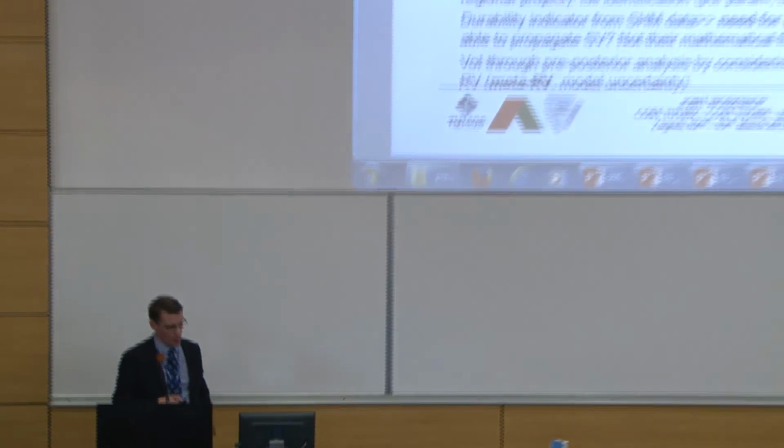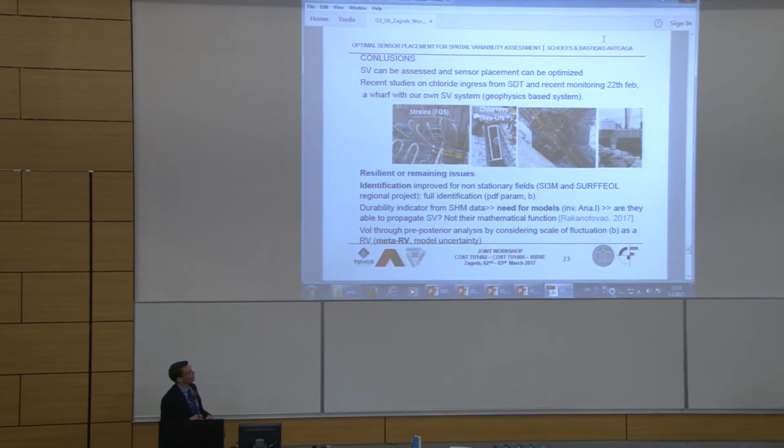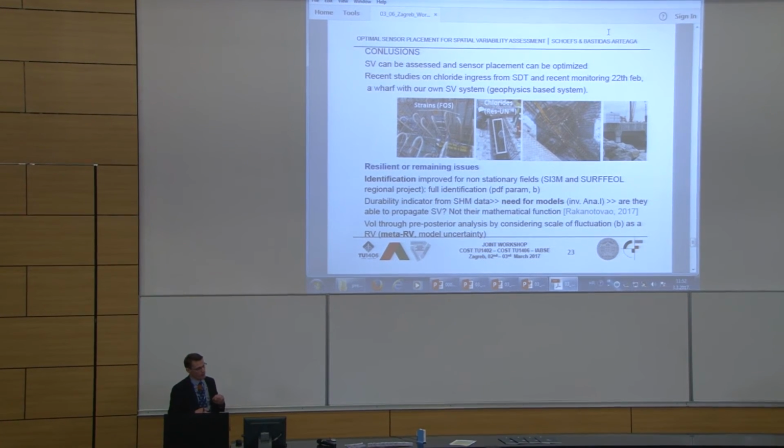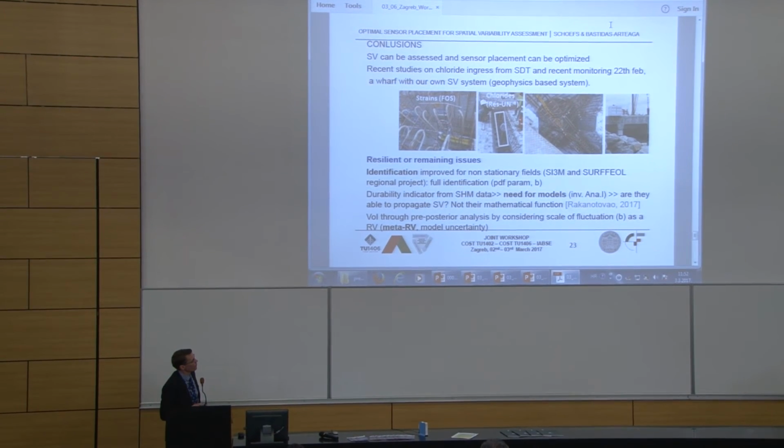And one of the questions is about the durability indicators for SHM data. So we need models to capture the information on site and to invert this information, for instance, to compute the surface concentration of chloride or the diffusion coefficient of the model.